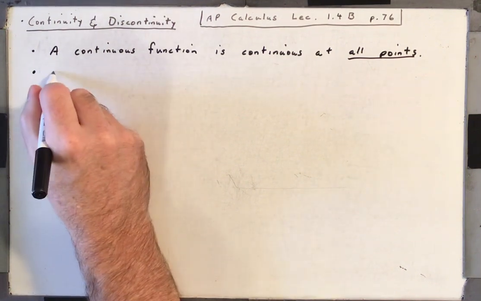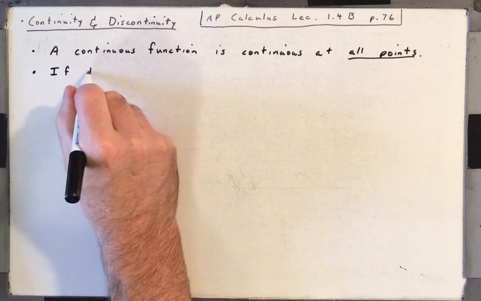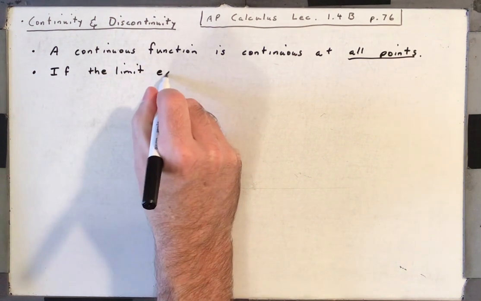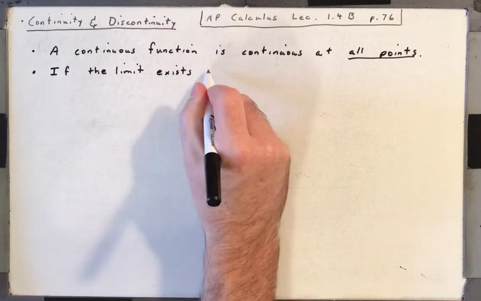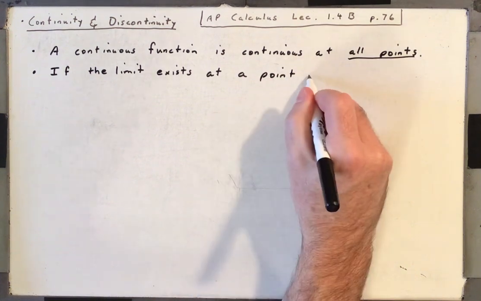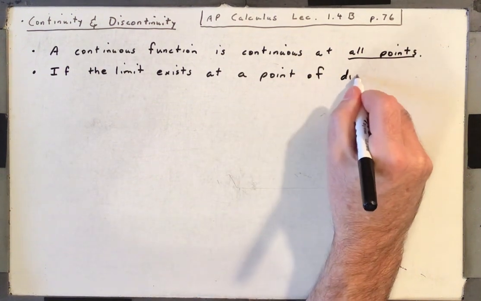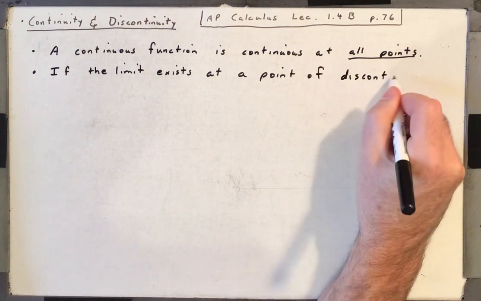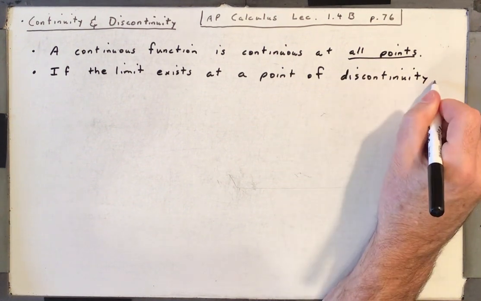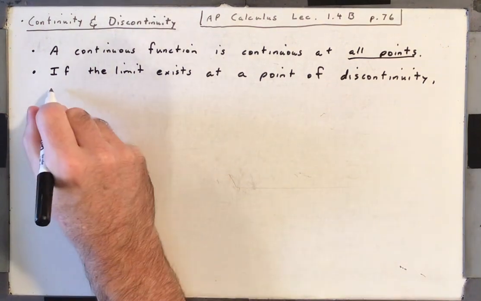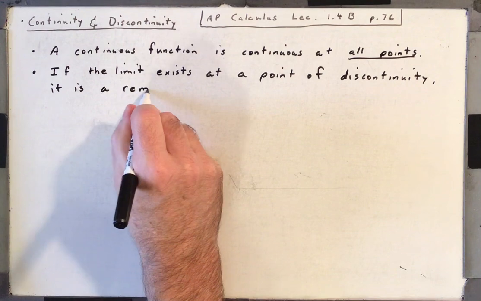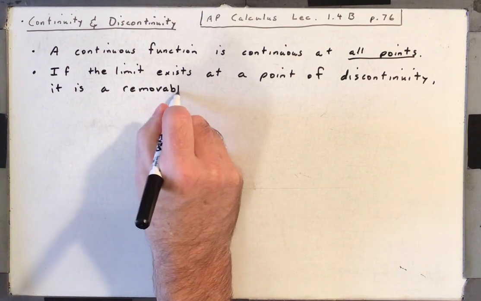If the limit exists at a point of discontinuity, so we can take a limit, it is removable. There are two different types of discontinuities.